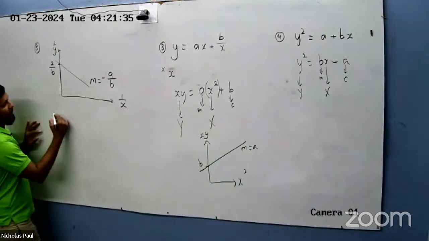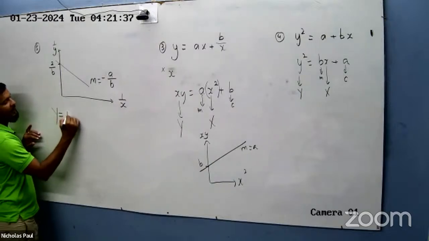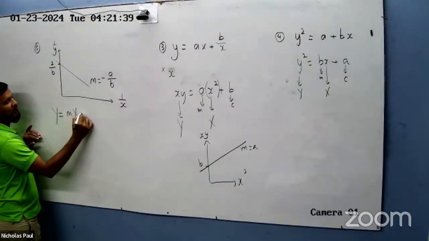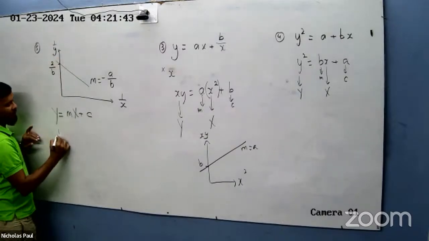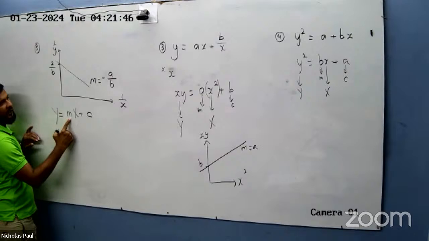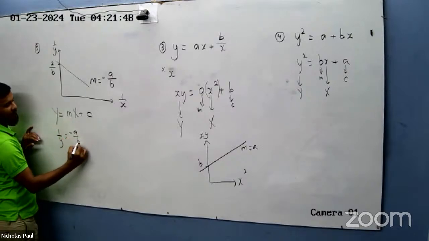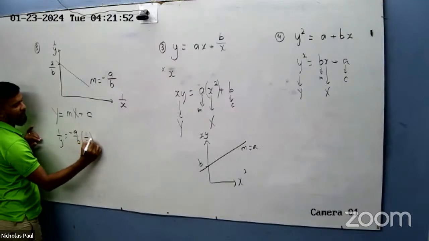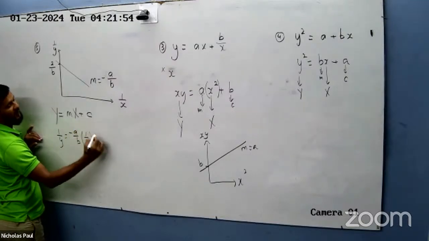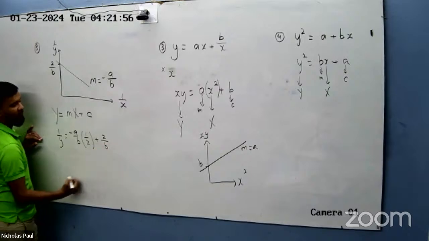All right, so it has to be in the form y is equal to mx plus c. Y is 1 on y. Gradient is minus a on b. X is 1 on x. Y-intercept c is 2 over b.